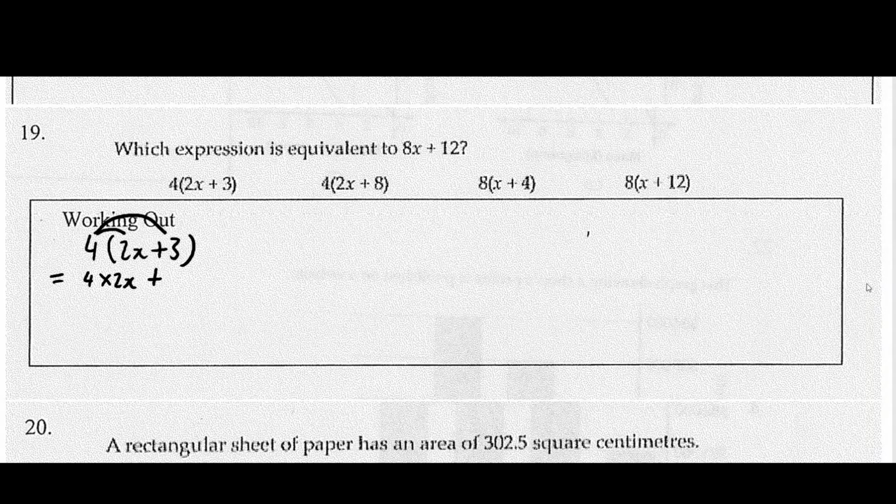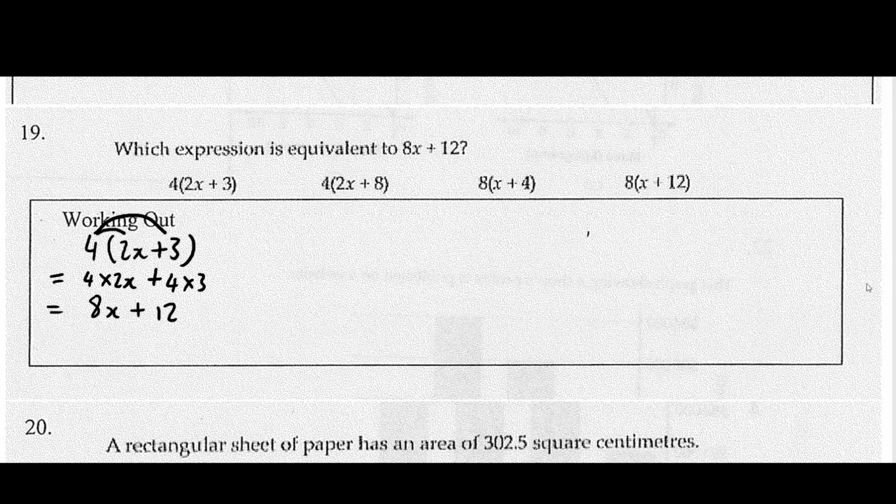Number 19, which expression is equivalent to 8x plus 12? So here's some working out space. We've got 4 bracket 2x plus 3. And the way you figure these out is by doing the first jump and then the second jump. Okay, 4 times 2x plus 4 times 3. 4 times 2x is 8x plus 4 times 3 is 12.